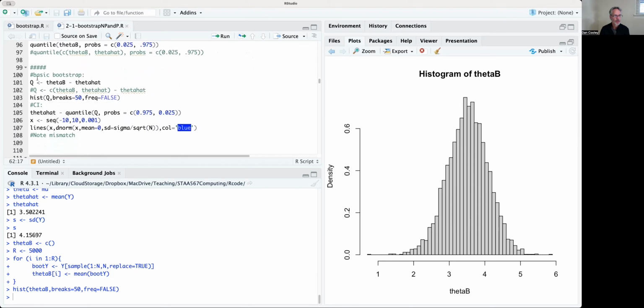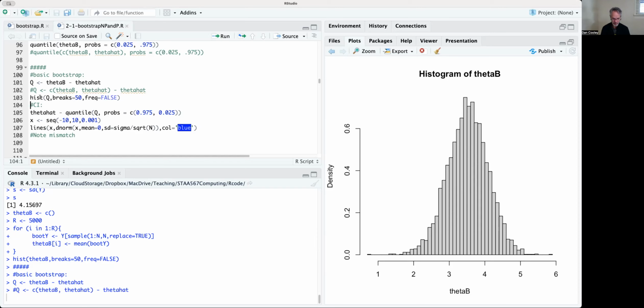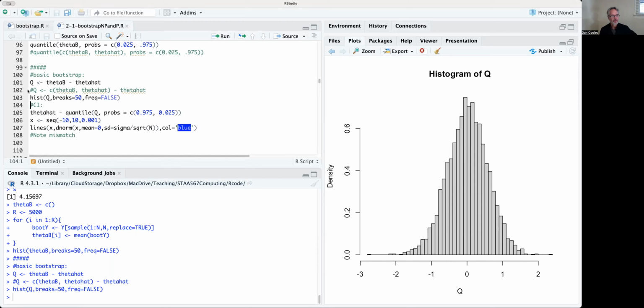Here, picking up at line 100 is where we do the basic bootstrap. So instead of taking the 0.025 quantile and 0.975 quantile from our bootstrap means, we're going to take the difference between our bootstrap mean and the mean that we get from our original data. So Q now has 5,000 estimates.